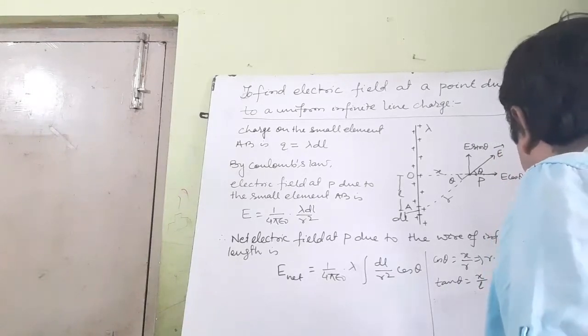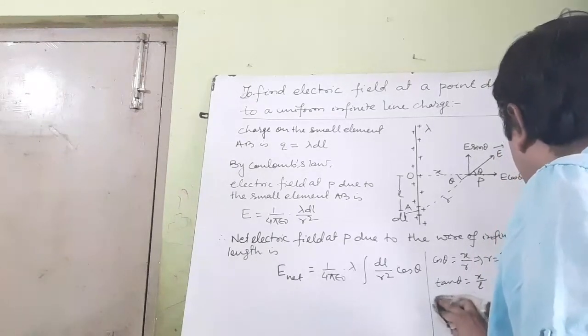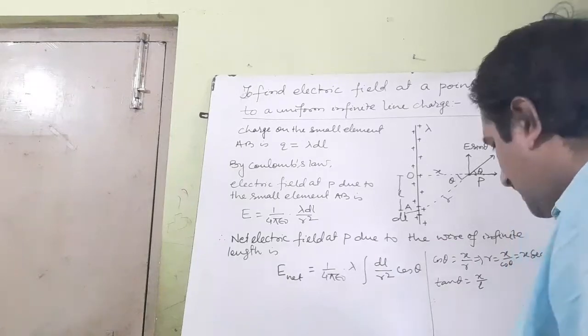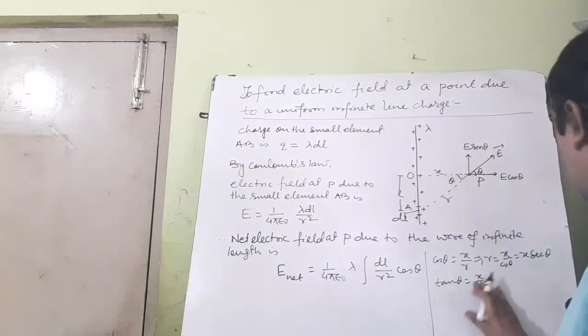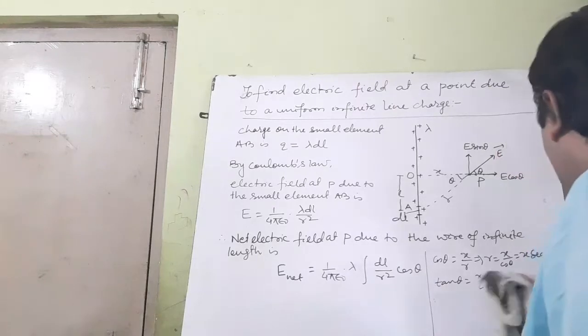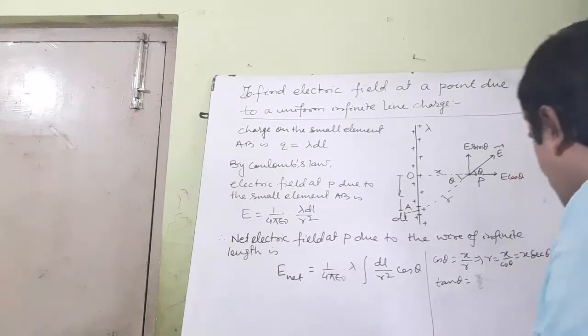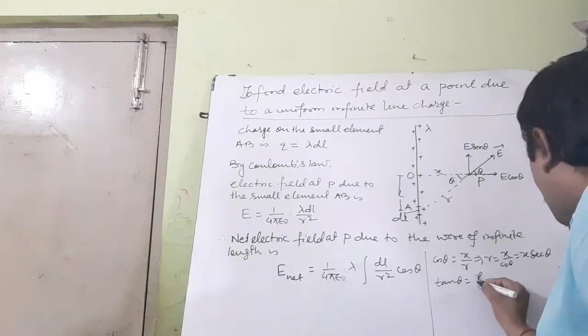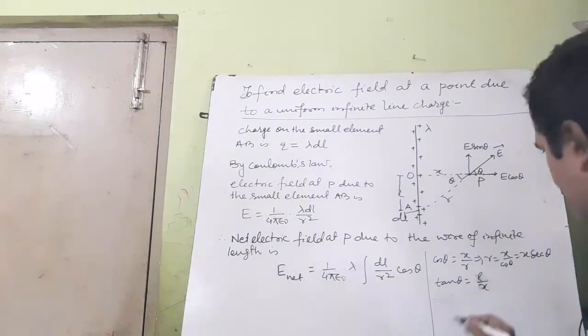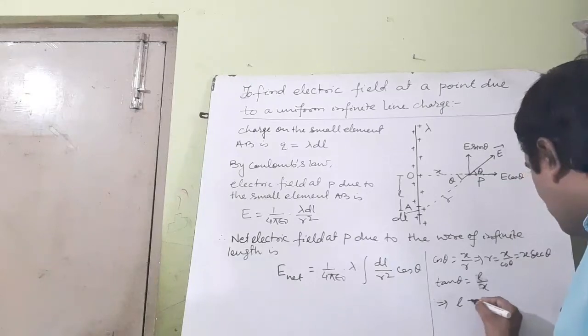Please wait for a minute. This will be L by x, perpendicular by base. Tan theta is equal to L by x. So from here you can write L is equal to x tan theta.